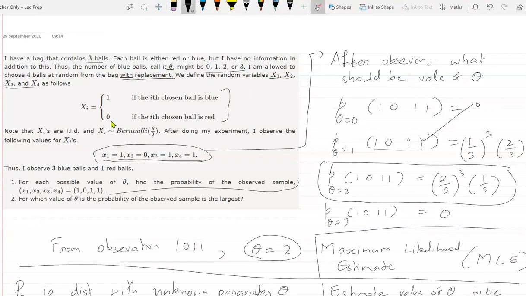X1 to Xn are IID random variables chosen from some distribution p theta, where the parameter theta is unknown. There is some distribution p theta. Theta is unknown to us, but we have samples x1 to xn from that distribution.